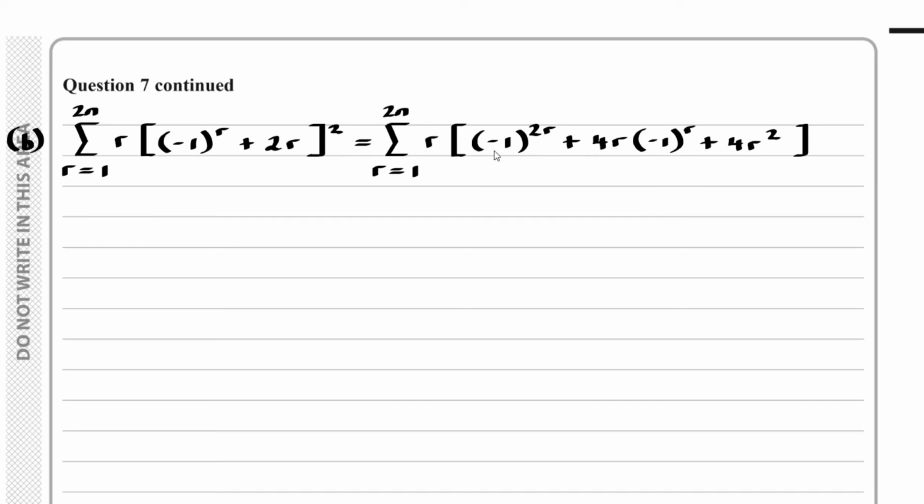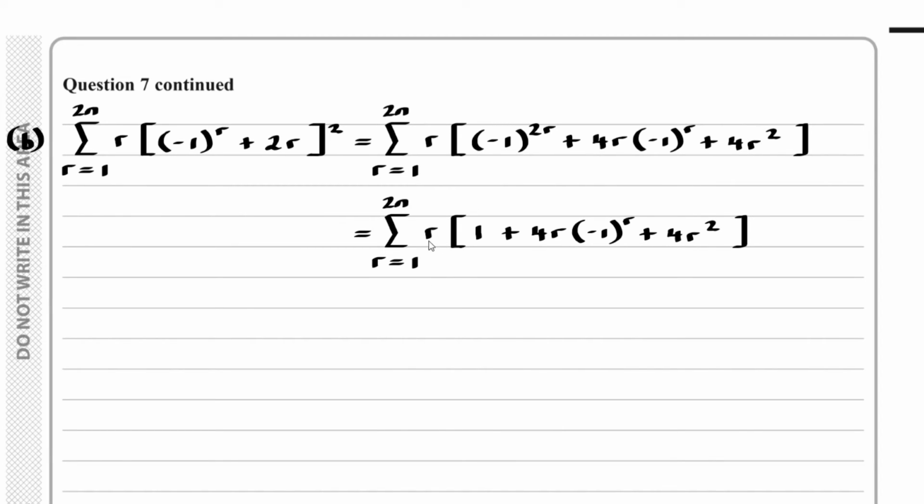Now, negative 1 to the 2r will always equal 1, because the negative 1 is always raised to an even power. So this result is equal to the sum from r equals 1 to r equals 2n of r multiplied by 1 plus 4r multiplied by negative 1 to the r plus 4r squared.